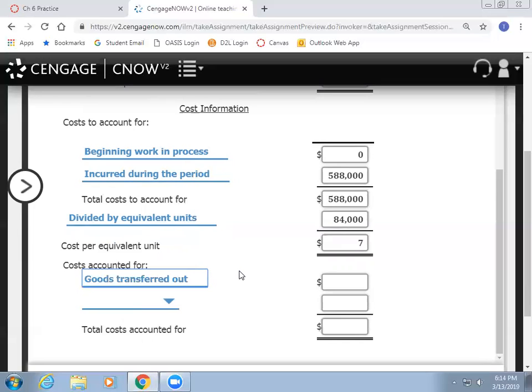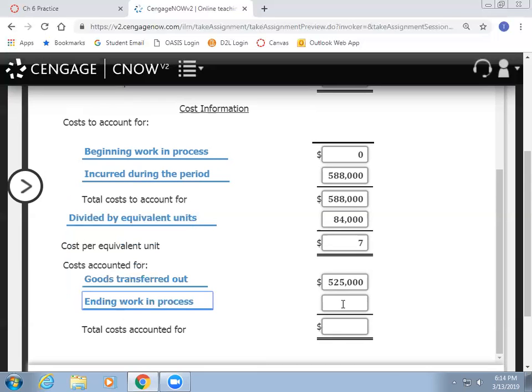So how much was transferred out? Very good, 525,000. So again, I'm just taking the units that I transferred out, the 75,000, times the cost per equivalent unit of $7. So $525,000 of costs are going to be in finished goods.